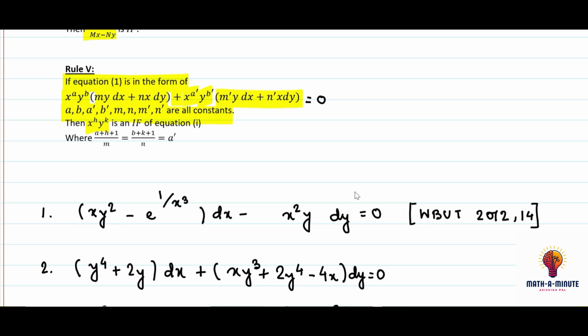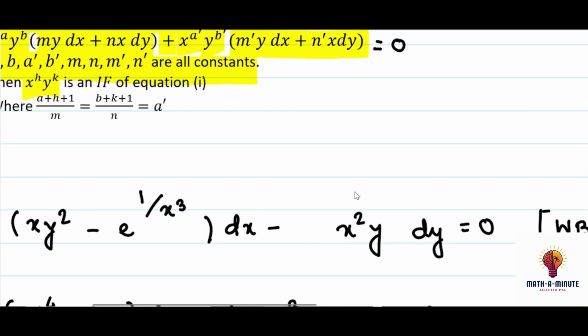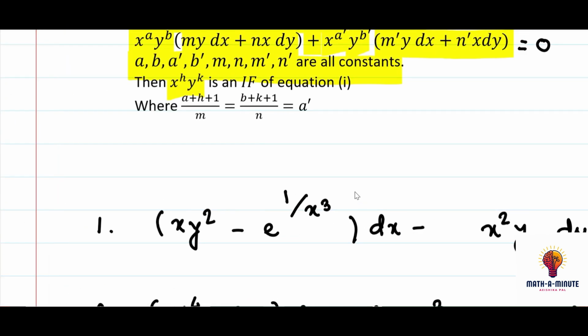How to find the values of h and k? We can find them from this equation: (a plus h plus 1) divided by m equals (b plus k plus 1) divided by n equals (a dash plus h plus 1) divided by m dash equals (b dash plus k plus 1) divided by n dash. So there are basically two different equations; by calculating them, we can easily find the values of h and k.